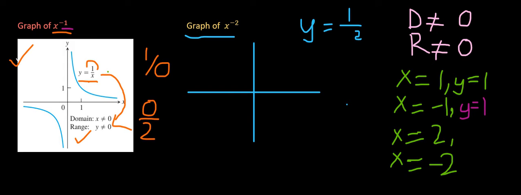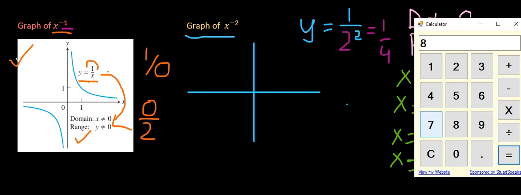Next we can put the value of 2 over here, and we will get 1 over 4 in here, and we can see what that will make. The 1 over 4 will be 0.25.